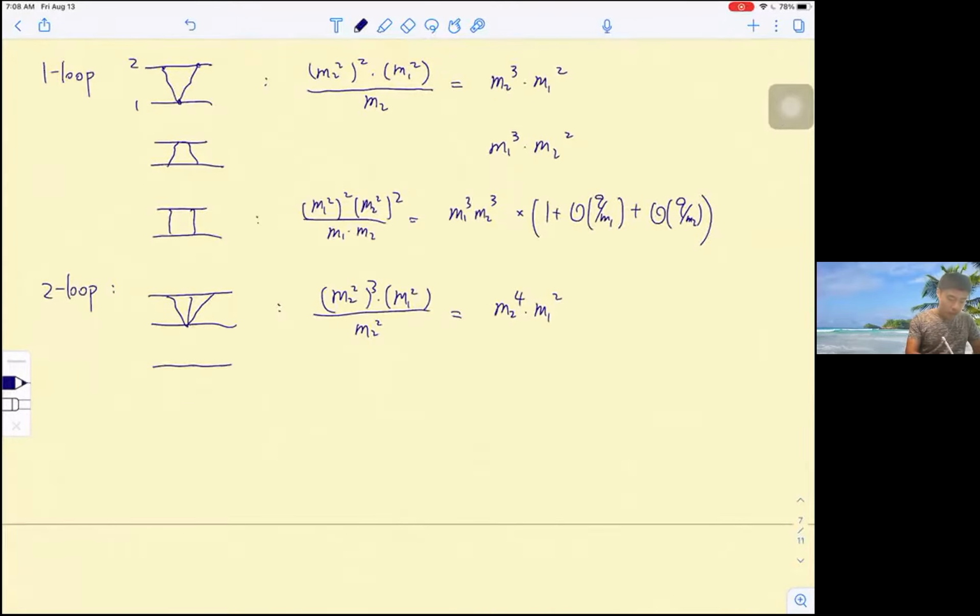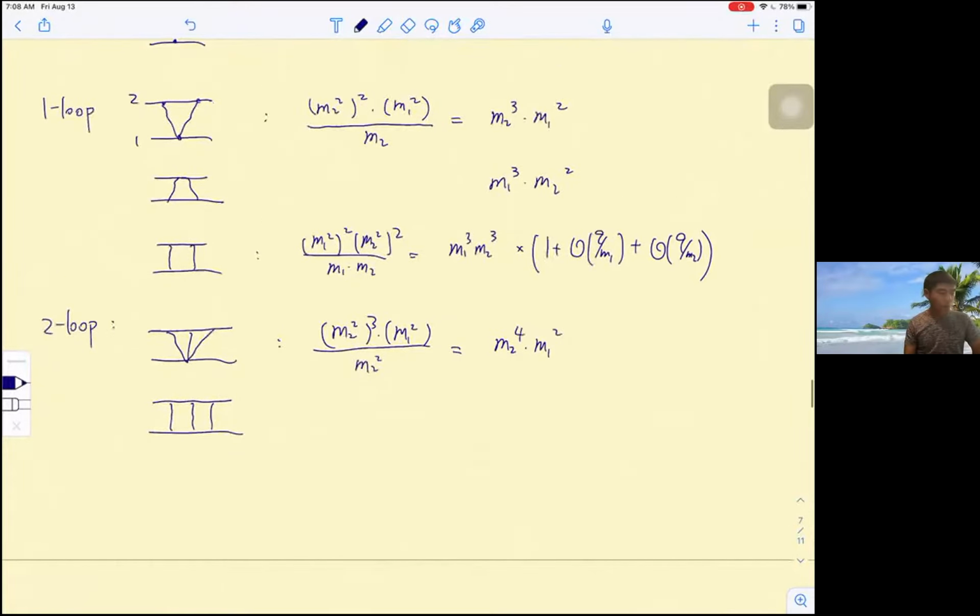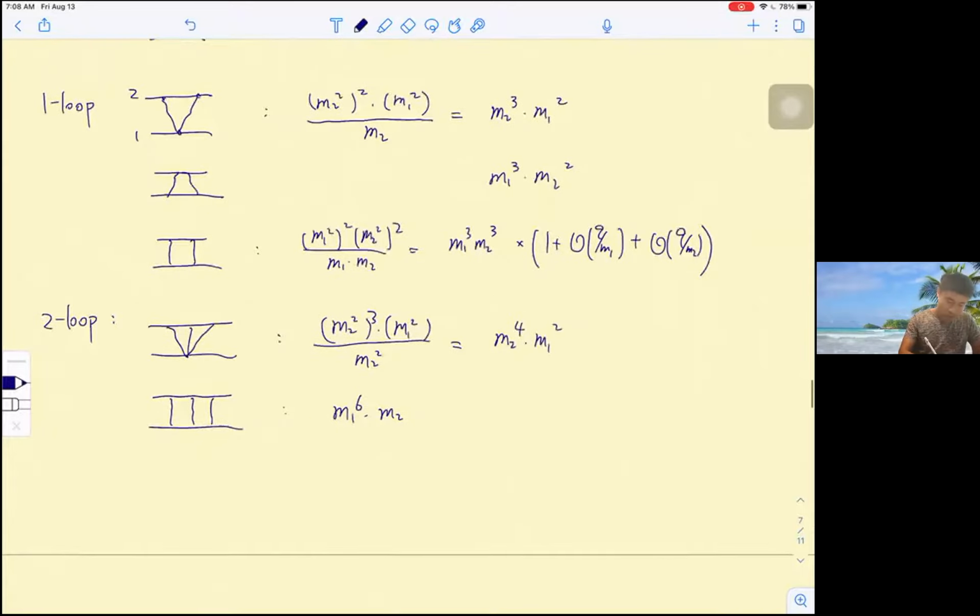And similarly, you can consider the contribution from this box diagram. Let me skip the result. I just say m2 to the sixth coming from the vertices and the n1 and n2 propagators.